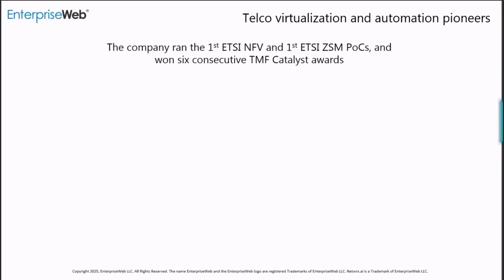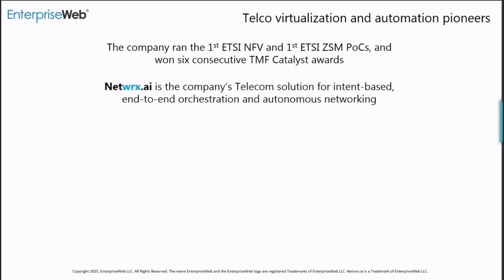So EnterpriseWeb itself is a telco virtualization and automation pioneer. We ran the first ETSI NFV and ETSI Zero Touch POC, and won a series of TMF Catalyst Awards. Networks.ai is our telecom solution for intent-based end-to-end orchestration and autonomous networking. So EnterpriseWeb is the name of our company and the platform.